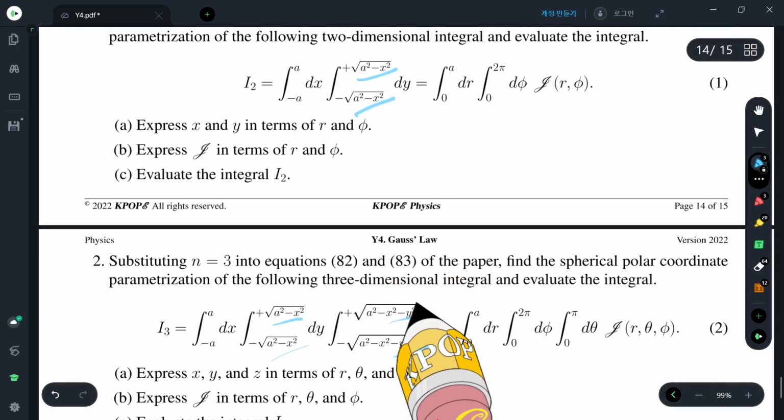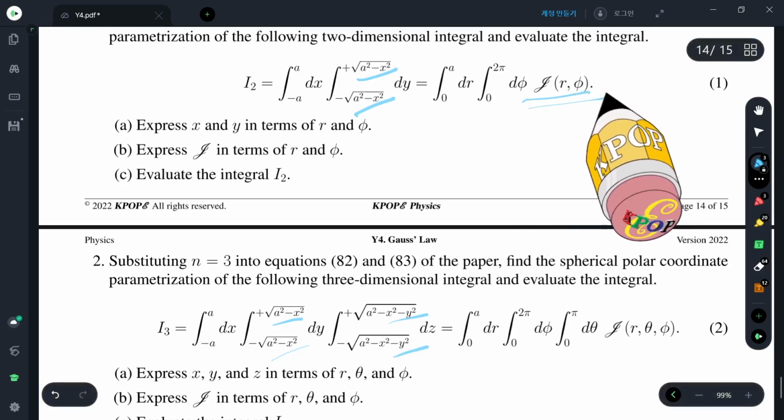When you convert an integral expressed in Cartesian coordinates into curvilinear coordinates such as the cylindrical or spherical coordinate system, you should be very careful with the Jacobian.